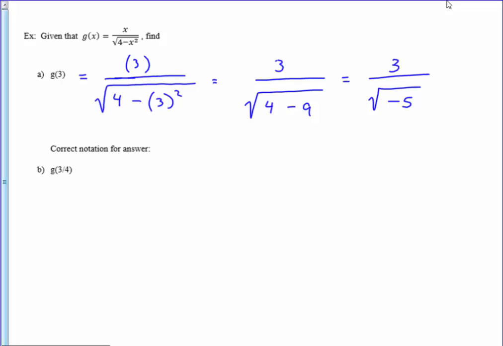And so for this particular example, the answer that I got out would be not a real number. Later in the semester, we will learn that this is an imaginary type of value, but for right now, the correct notation for your answer needs to be g of 3 does not exist.